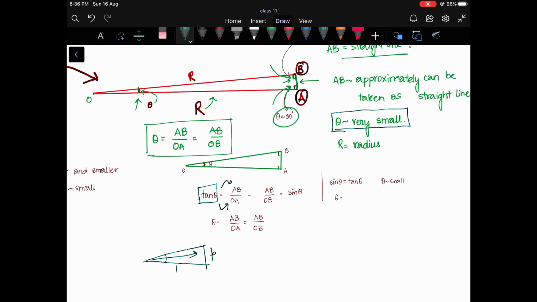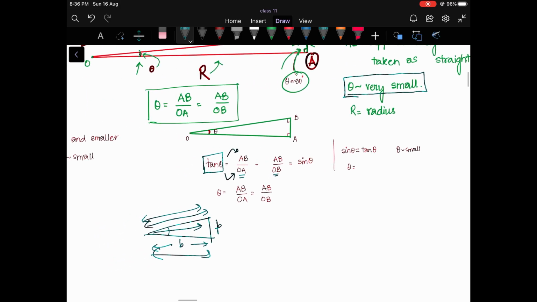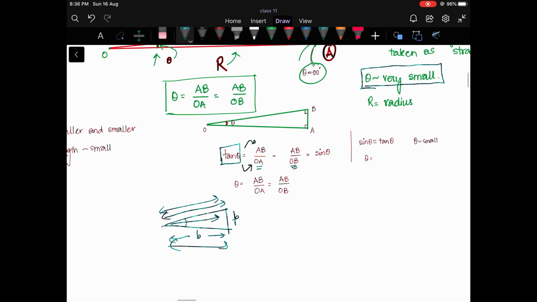Now the base can be taken as OA, but even this can be taken as base because the measurement of this is almost equal to the measurement of this, so we can also write OB. It is also suitable to see it not only as perpendicular by base, but also as perpendicular by hypotenuse. So that's why we can also use sine theta.